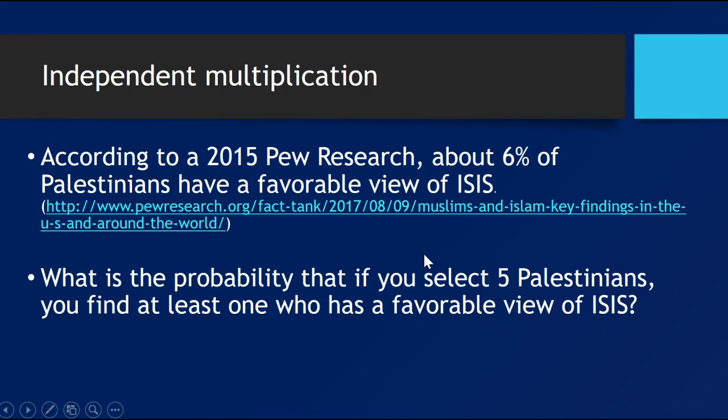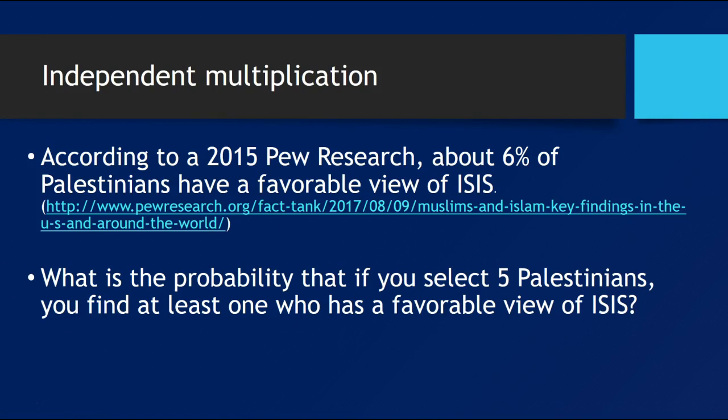Now, here's the deal. There are, I don't know how many Palestinians, but millions. Okay? You can look up the population, or those who claim to be Palestinian, and I quickly looked that up, and it's in the millions. Now, here's the deal. If I remove 5 from the population, that's not really going to change any probabilities in there, or it's not going to change that 6% in any significant way.